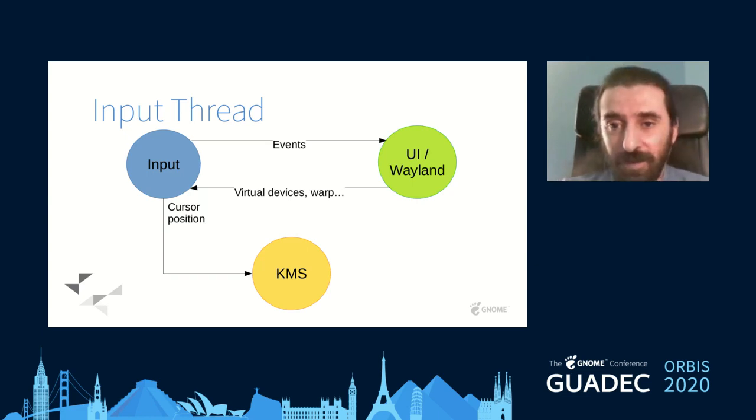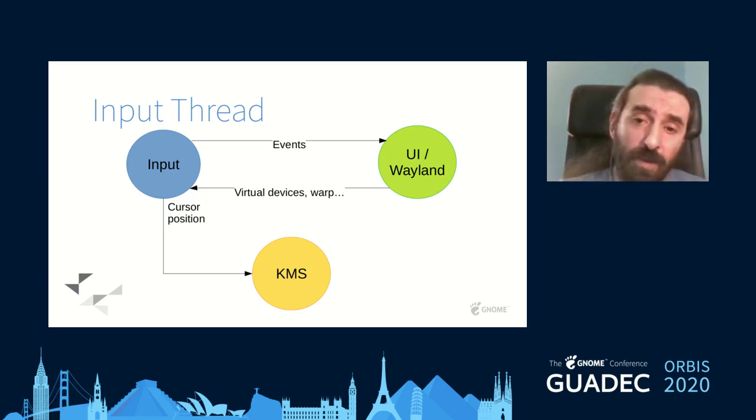This is where we involve KMS and whatnot. KMS could be the lower level parts doing the cursor plane position changes. In this case, the arrow would be the other way around, because it relies on the same mechanisms as device queries in the UI thread.